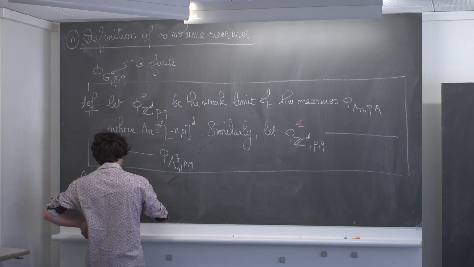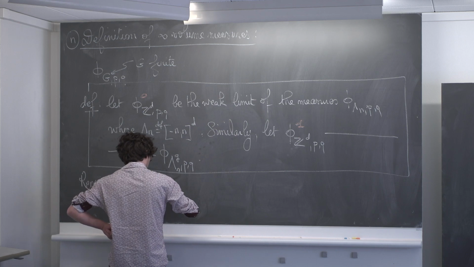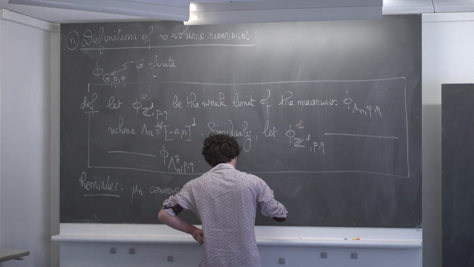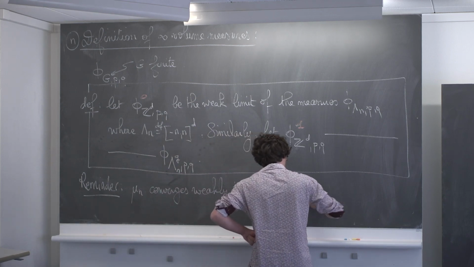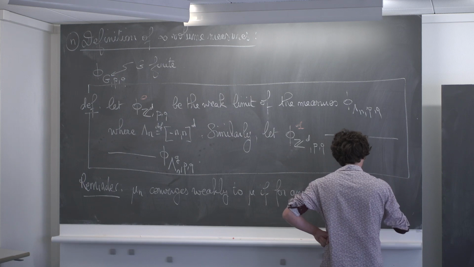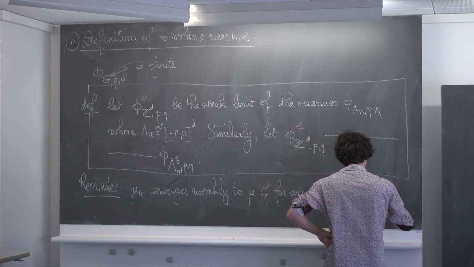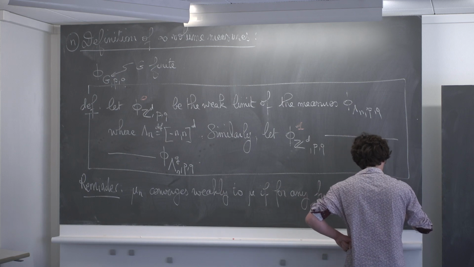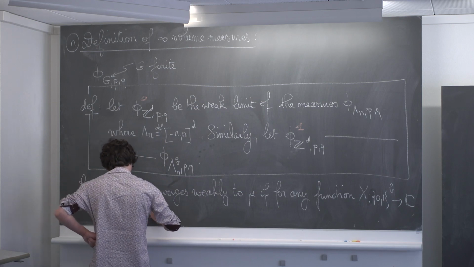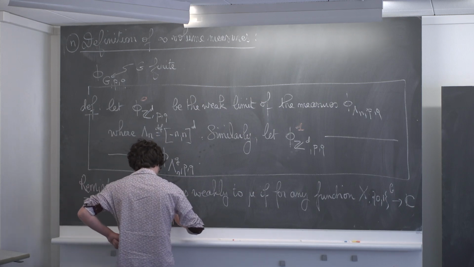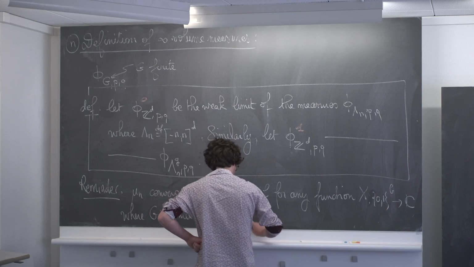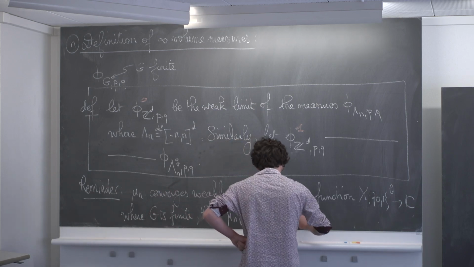I say that mu_n converges weakly to mu if for any function X which goes from {0,1} to a certain graph G into C, where G is finite, then mu_n of X converges to mu of X.